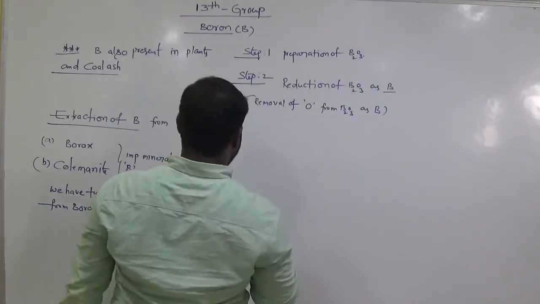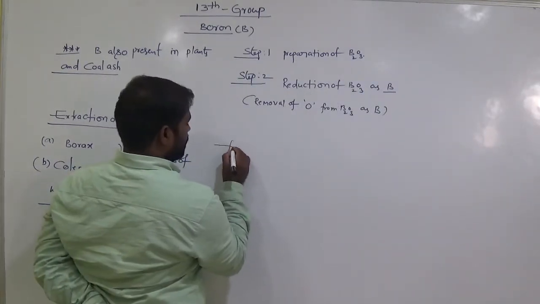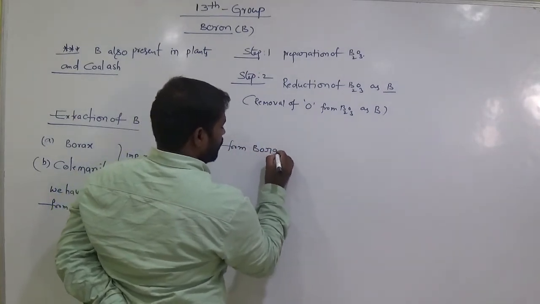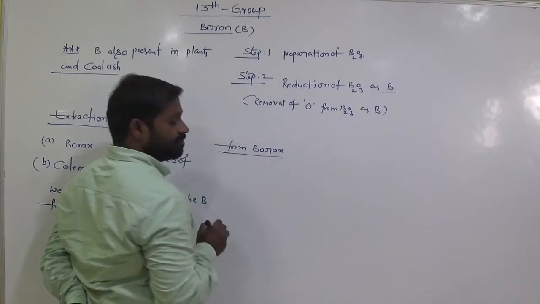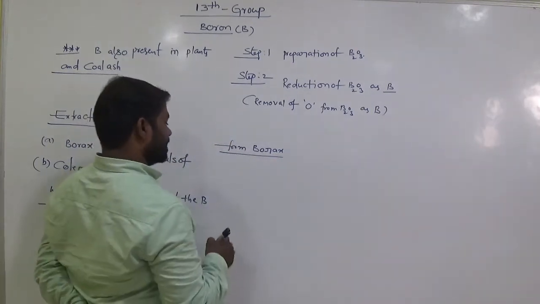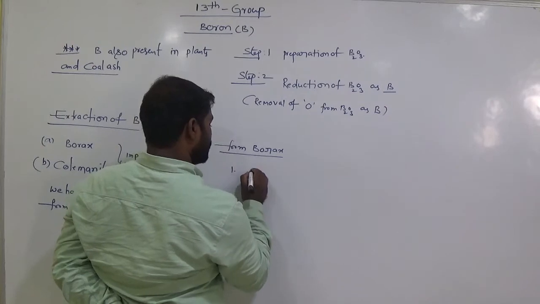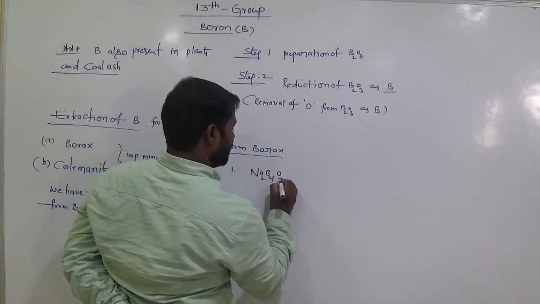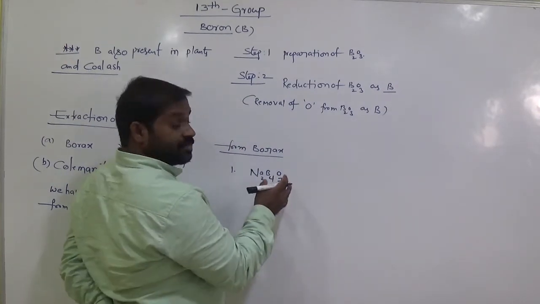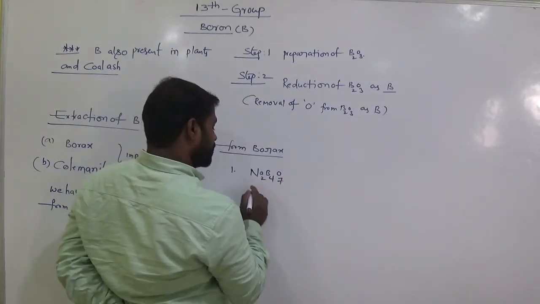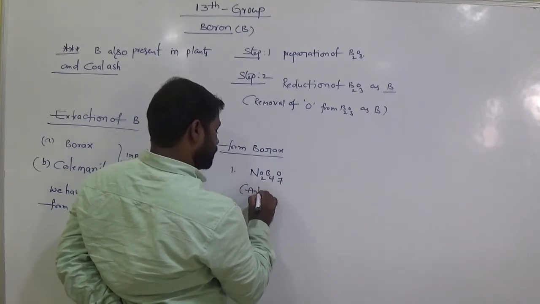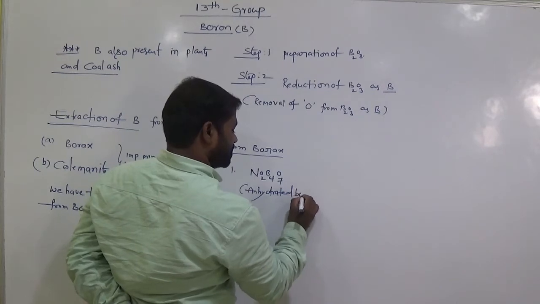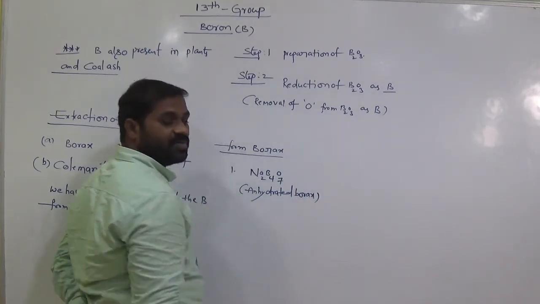Now the preparation methods from borax. You know very well borax is Na2B4O7, 10 moles of H2O. Na2B4O7 means anhydrous borax, that means without water.